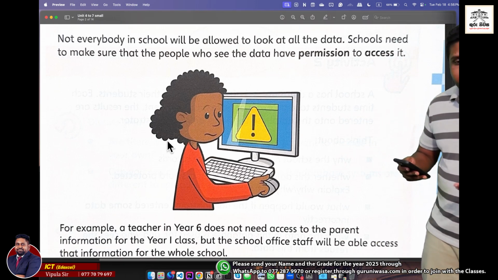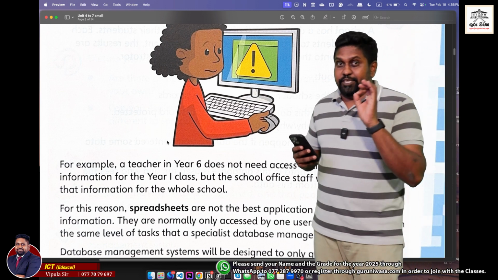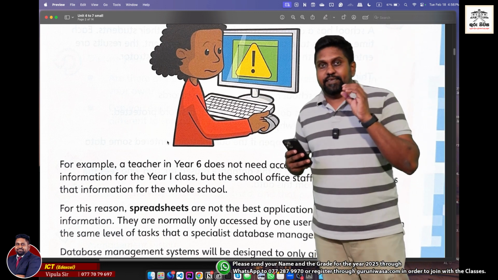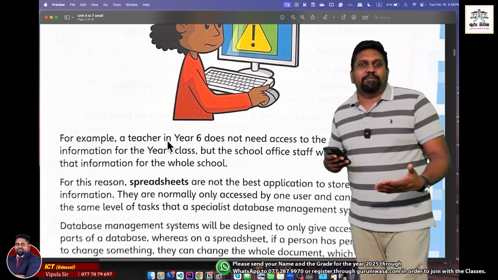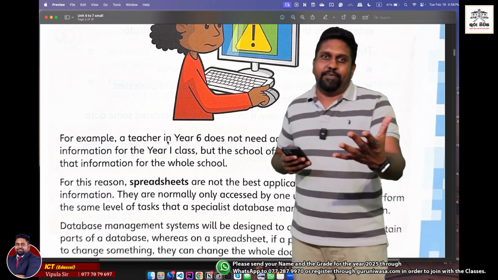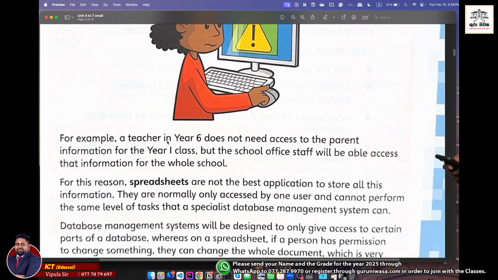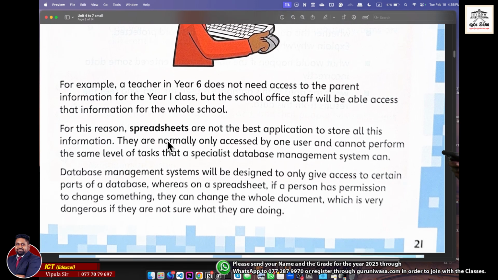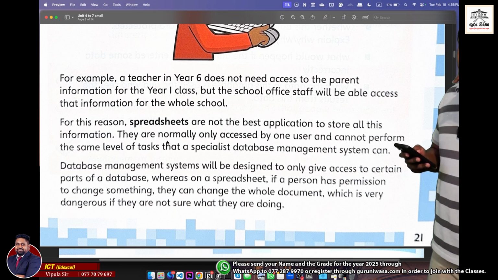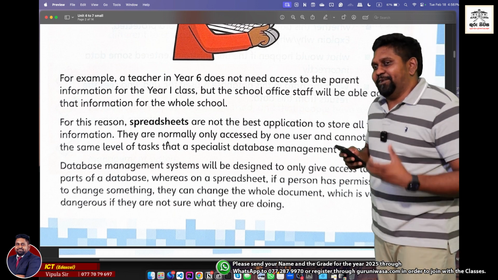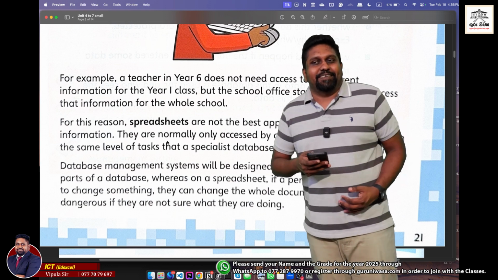Now, when it comes to computers, the reason we learn about this is that this permission is really important as well as a critical point, because if unauthorized people have access to this information, they can do some nasty things, right? Okay, so for this reason, spreadsheets are not the best method to store information.